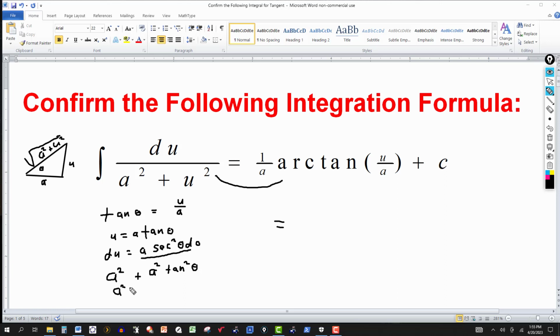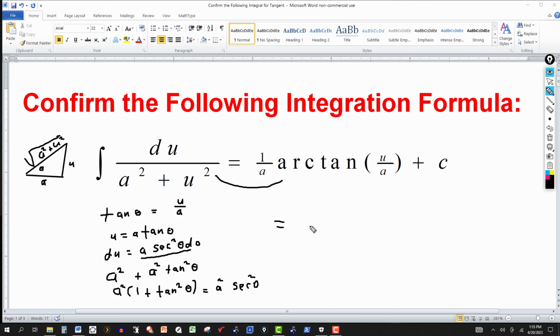We get a squared times parentheses 1 plus tangent squared. Anytime you're dealing with trig substitutions, it makes it a little bit easier to know those basic fundamental identities from trig. So you should recognize 1 plus tangent squared theta as secant squared. So this simplifies to a squared secant squared theta.